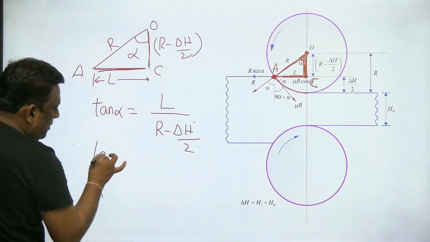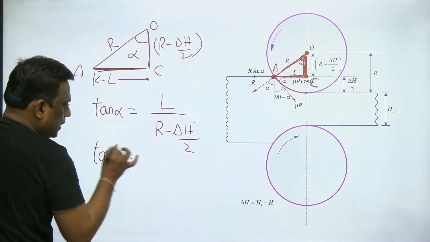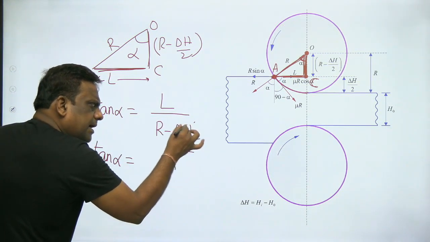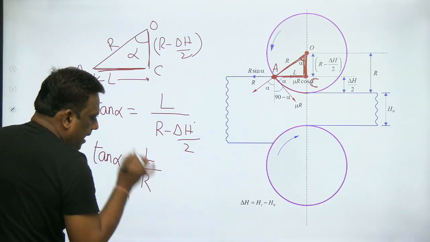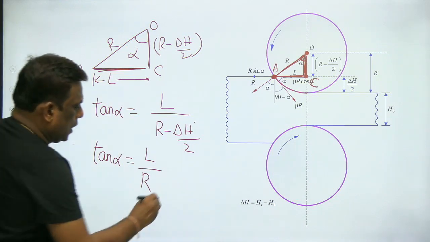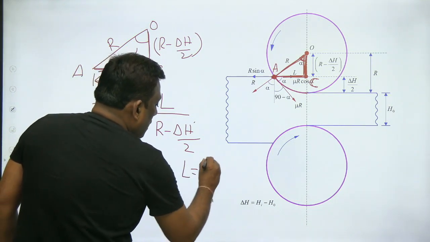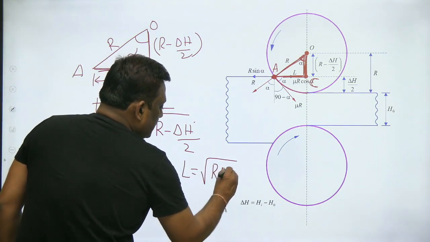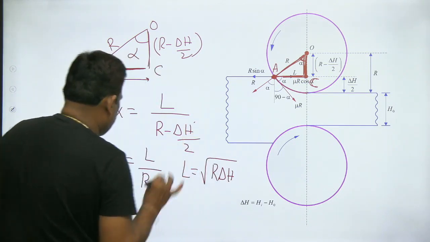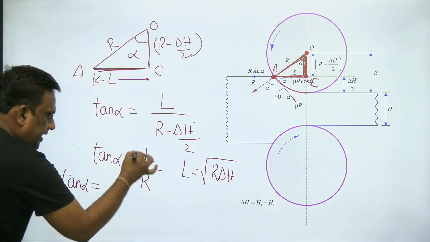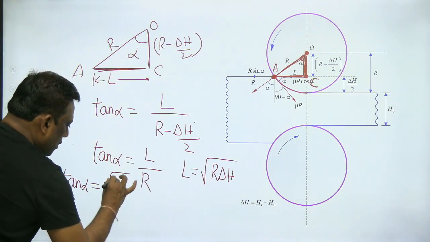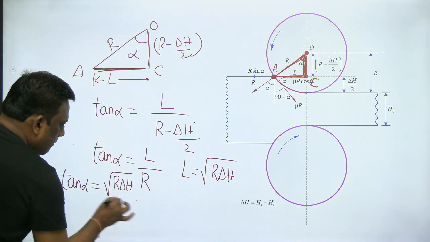So my tan alpha will be equal to, very good, this is very small in comparison to r, so I will write this as L by r. But just now we saw L is equal to under root of r delta h, where r is the roll radius. So tan alpha is equal to L, what is L? Under root of r delta h, by r.